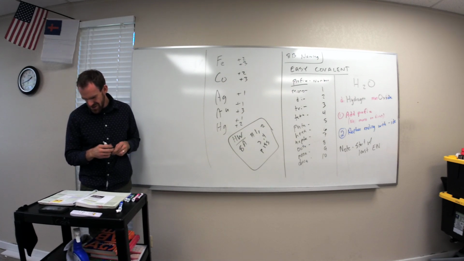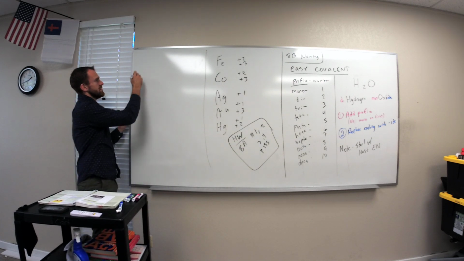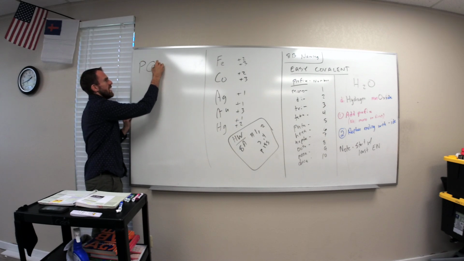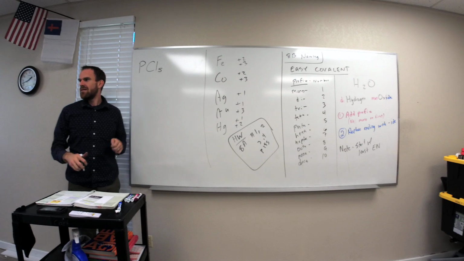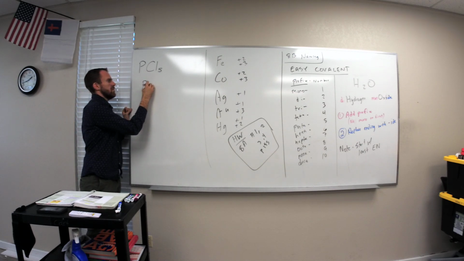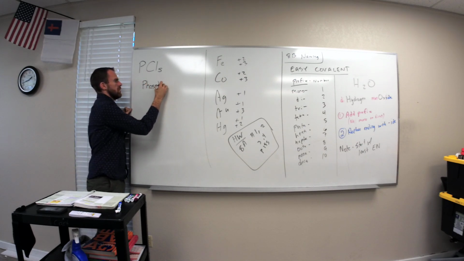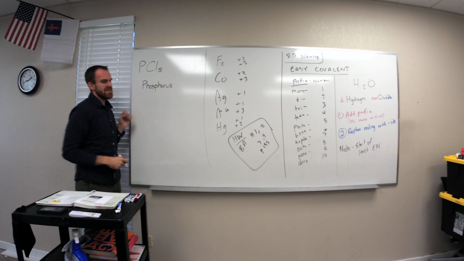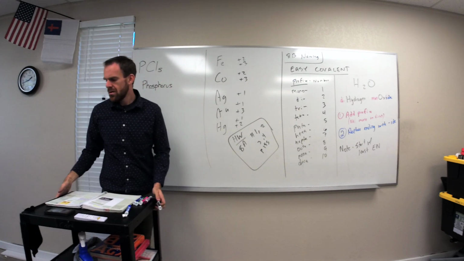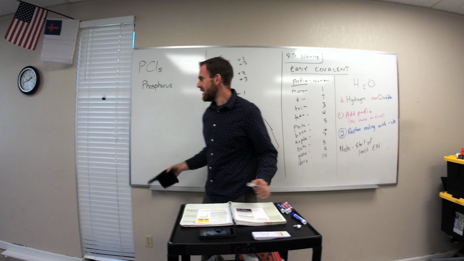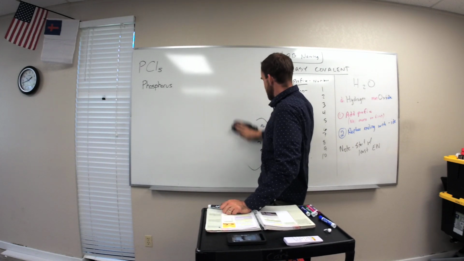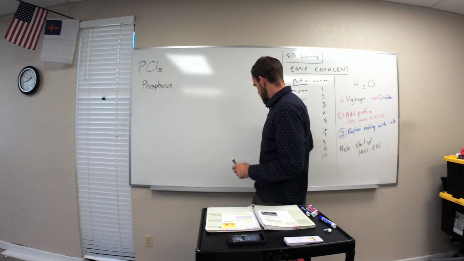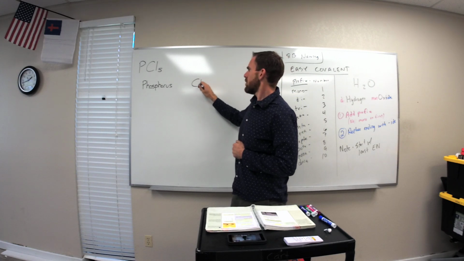So let's try some elements. How would I name PCl5? First element is phosphorus. Next element is chlorine. Because that's the element.